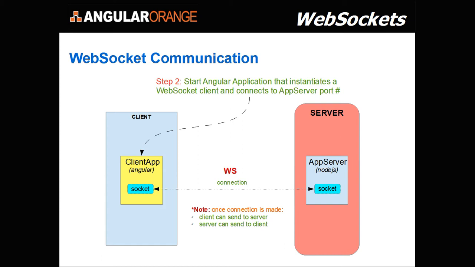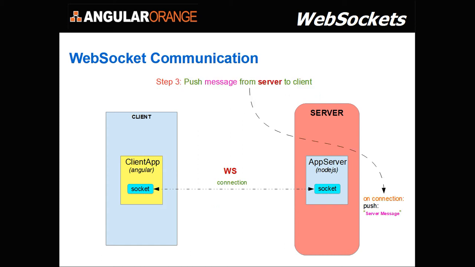Okay, so then in step 3, the server can push a message. That is, the app server Node.js application, which has a socket connection with the client, can then push a message. And that message gets passed to the client, and the client then can receive that message and display it to the user.